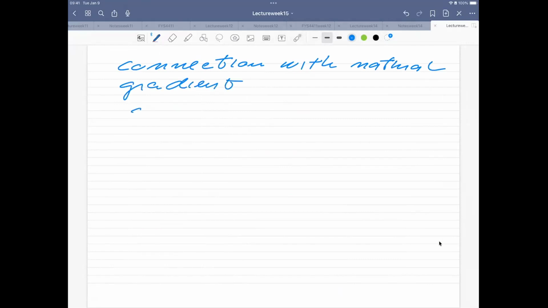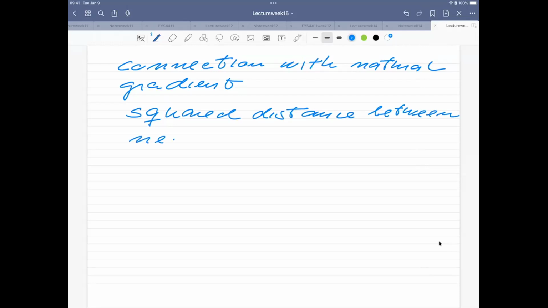So if I look at the square distance between nearby normalized states, this is actually given by a Riemannian metric in a parameter space.